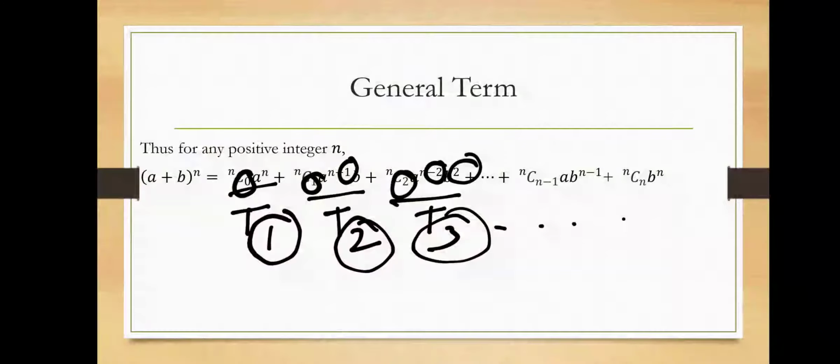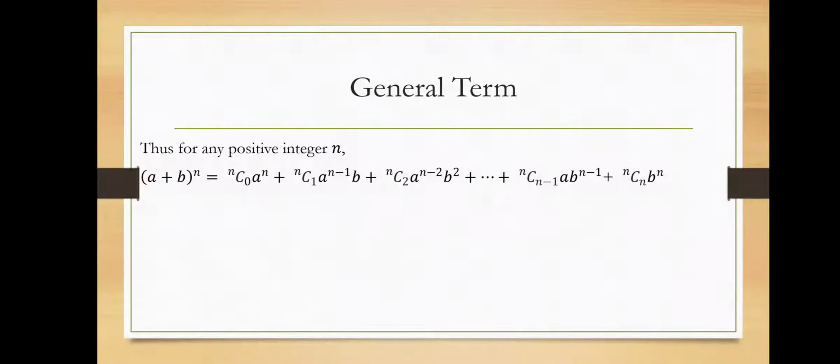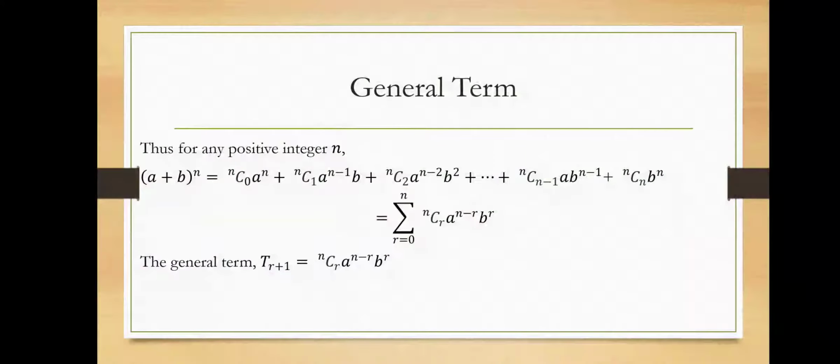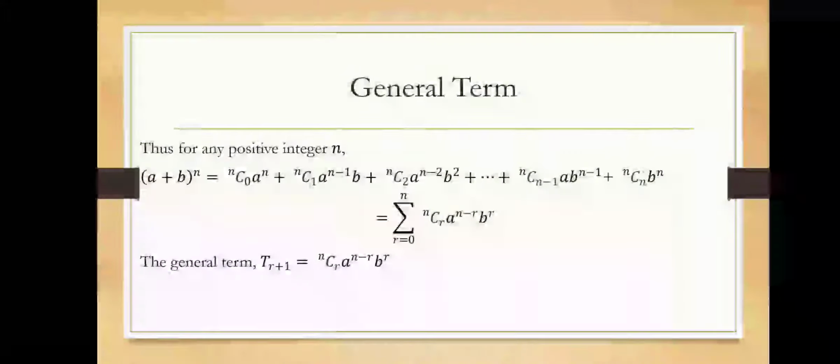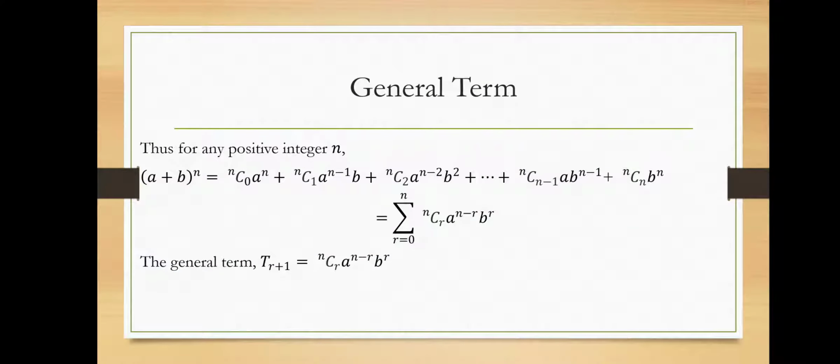So therefore, if I want to write the general term just following this pattern, then the general term can be written something like this, which is basically T r plus 1. R plus 1 means that r is the dummy index which we are making use of, and that can be written as ncr a to the power n minus r b to the power r.